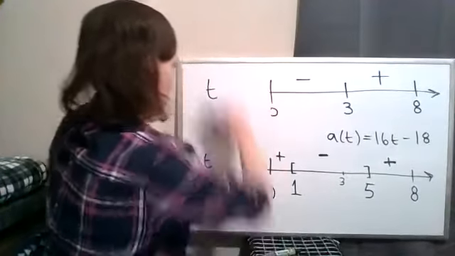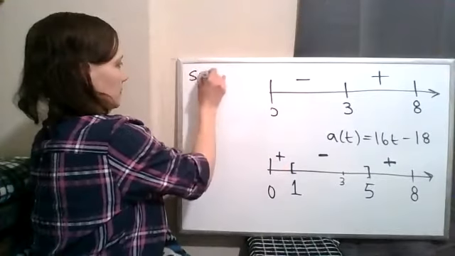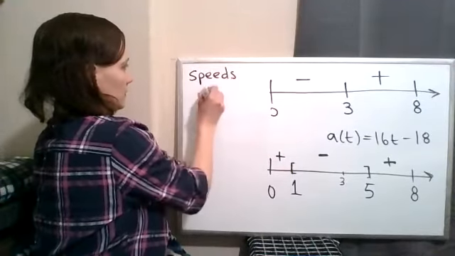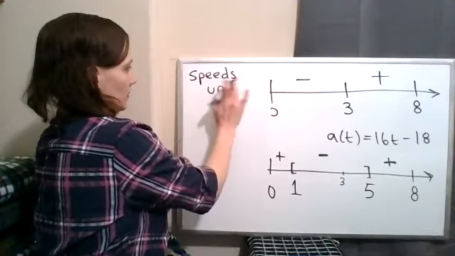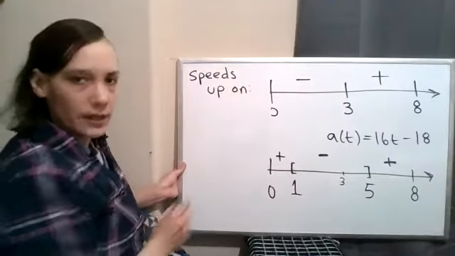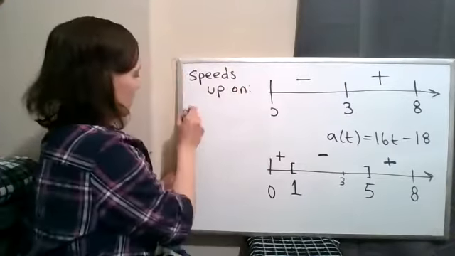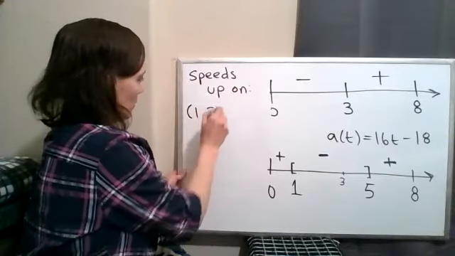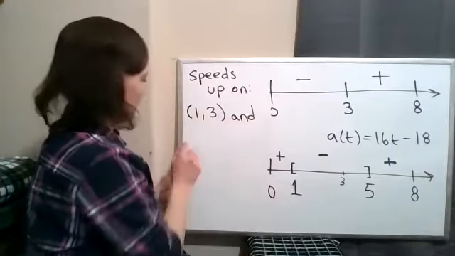Let's do this. Okay, 1 to 3, not including either of those numbers. And then from 5 to 8.